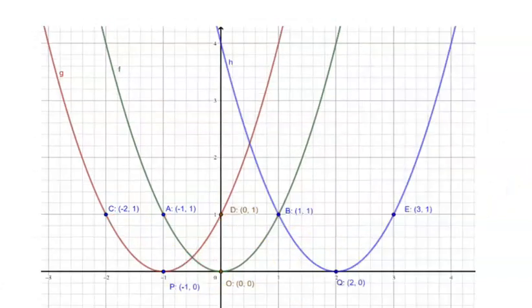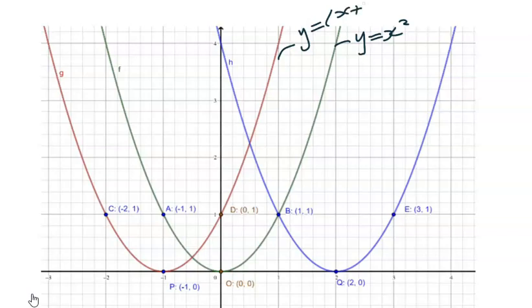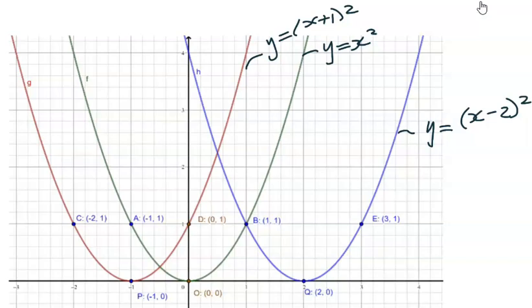On this graph you will again see the mother graph y equal to x squared, and this was our y equal to (x plus 1) squared. And the blue graph is y equal to (x minus 2) squared. So if we look again at the shift, if I look at the origin, the next point I will find is at Q. So from 0 to Q we've moved 2 units.